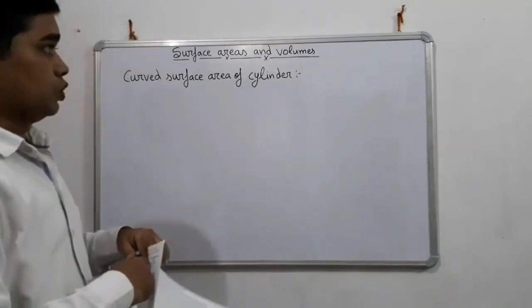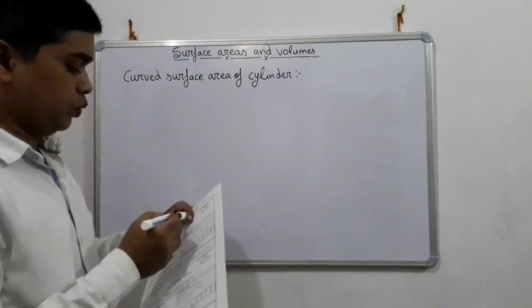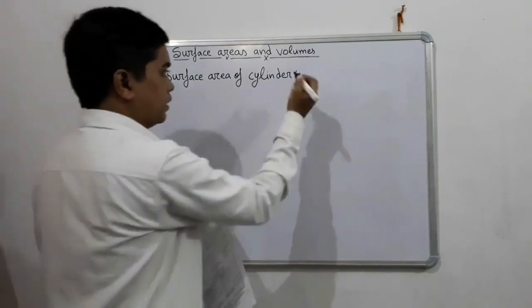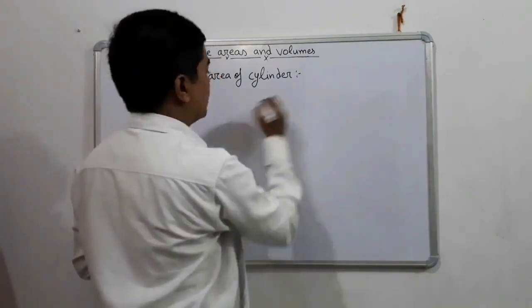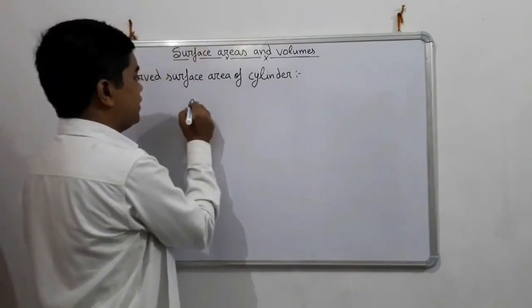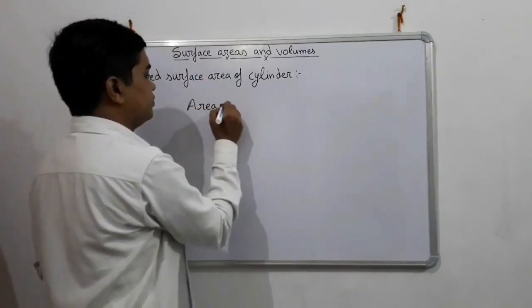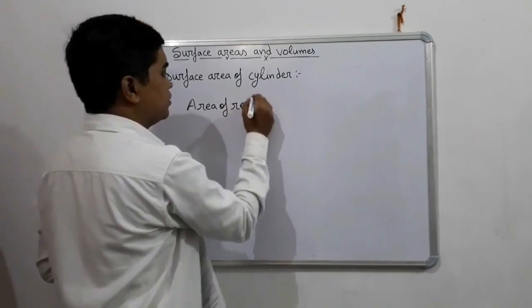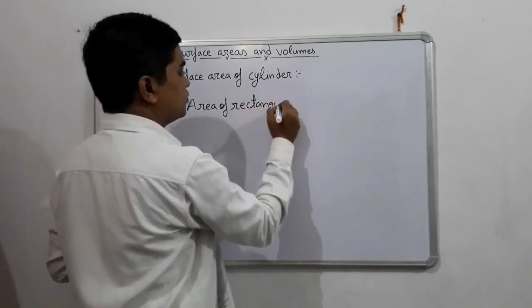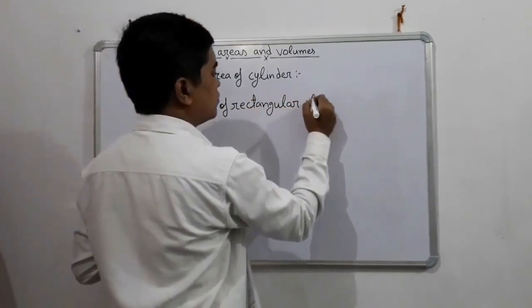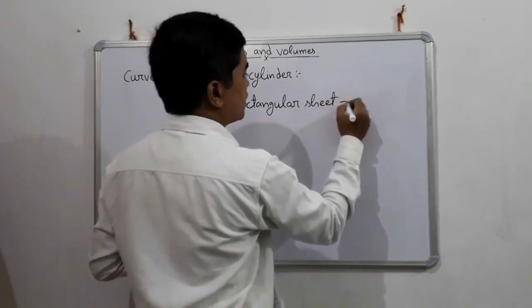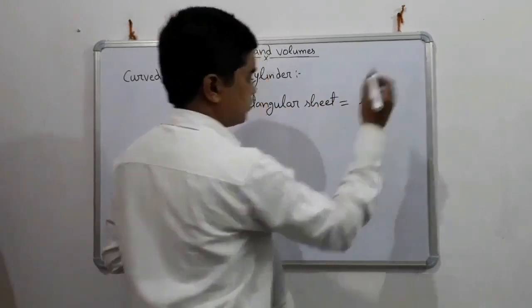Okay, so length into breadth. Suppose the area of the rectangular sheet is equal to length into breadth.